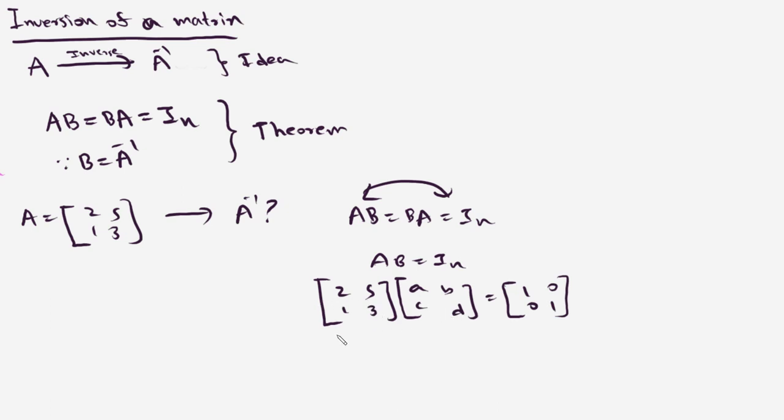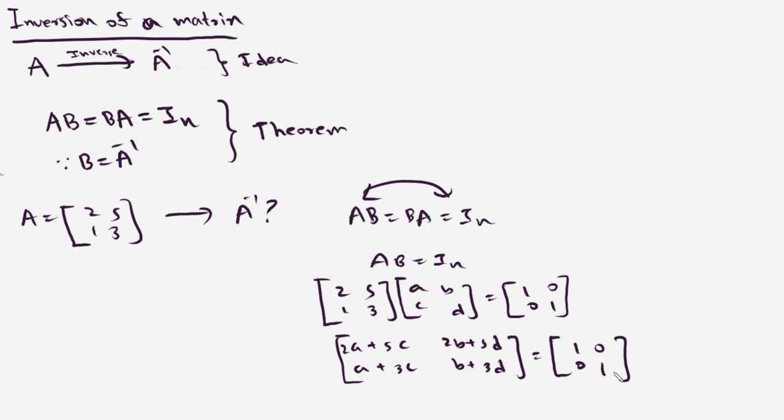So now let's multiply these matrices. It will produce 2A plus 5C, then A plus 3C, then 2B plus 5D, then B plus 3D.